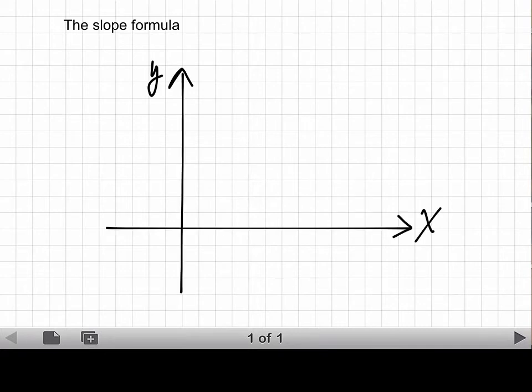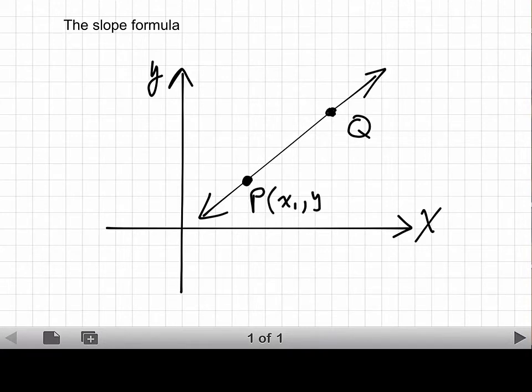Now let's see what this is using symbols. Here we have an xy plane, and I have here a line that has points. We'll call them P and Q. And let's say P has coordinates x1, y1, and Q has coordinates x2, y2. So in going from P to Q, we can consider the rise and the run.